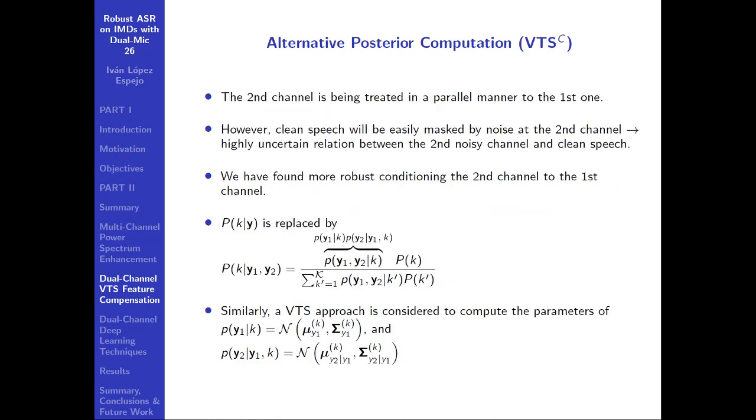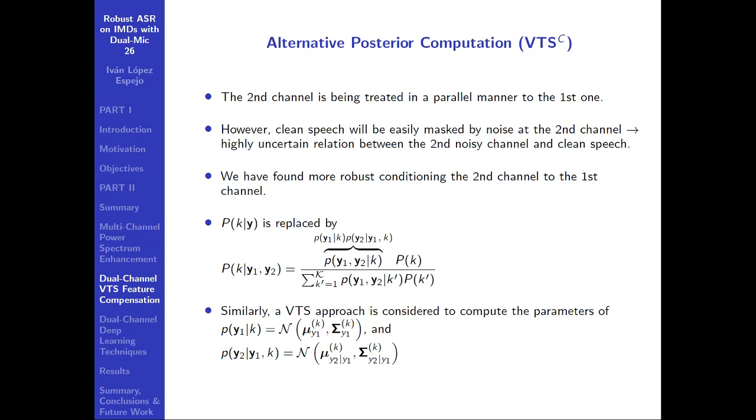In the previous formulation, the secondary channel is being treated in a parallel manner to the primary one. However, as we know, clean speech will be easily masked by noise at the secondary channel, and as a consequence there is a highly uncertain relation between the secondary noisy channel and the clean speech variable. So we've found it more robust conditioning the secondary channel to the primary one, thereby decreasing the influence of the clean speech variable.